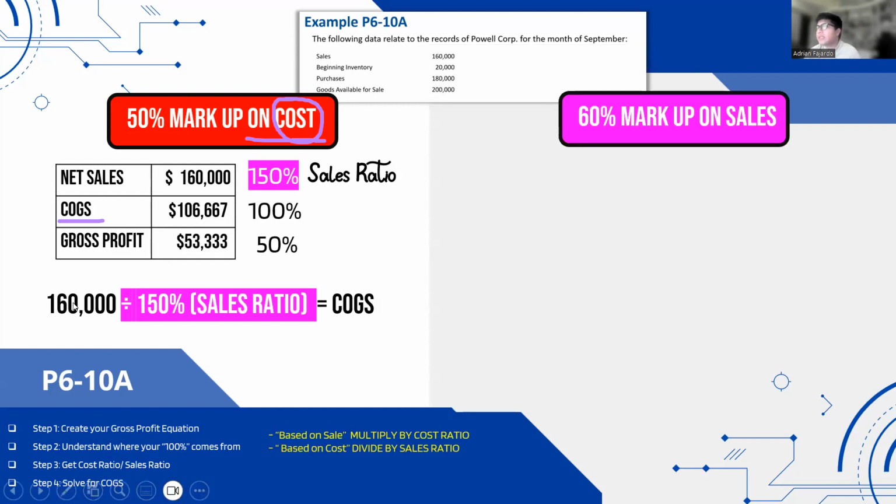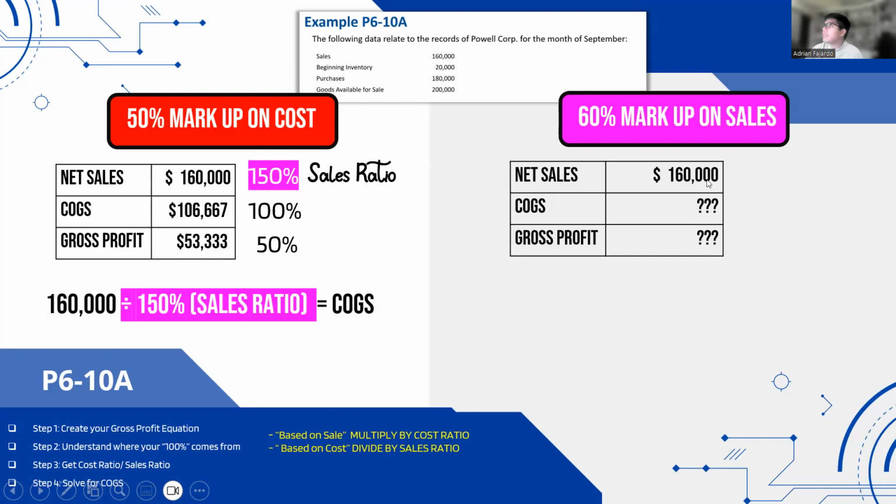Let's move on to 60% markup on sales. So again, it's the same. You still have the net sales of 160,000. But now, dahil markup on sales, ano yung 100% natin? Well, first thing is, we know that 60% is gross profit kasi 60% markup on sales.